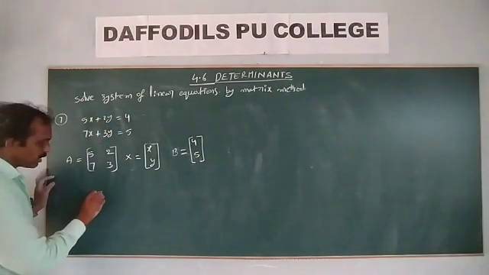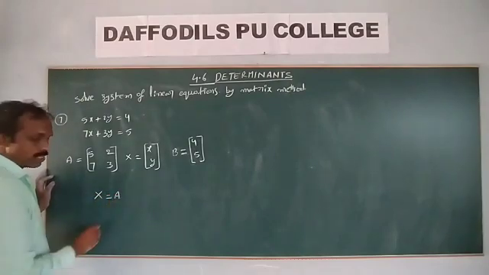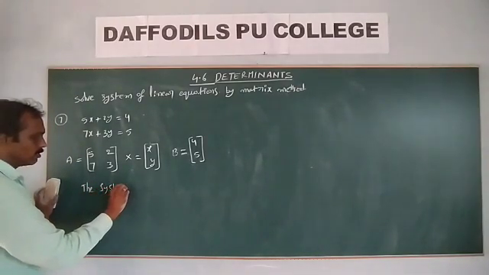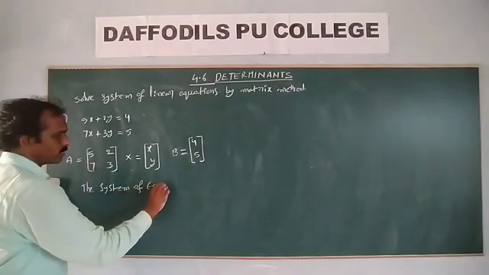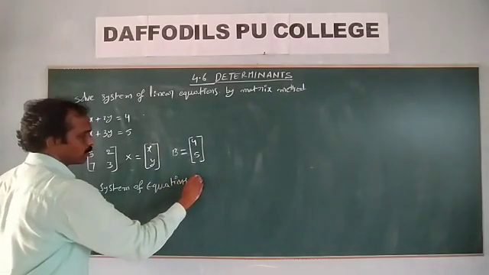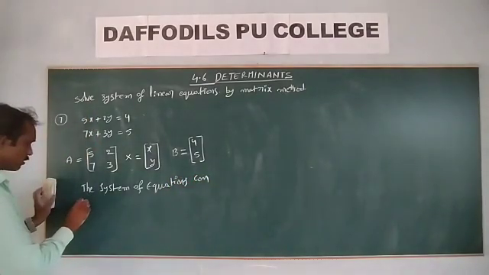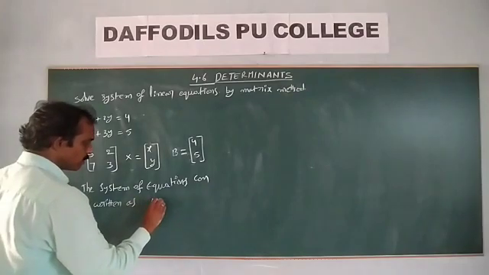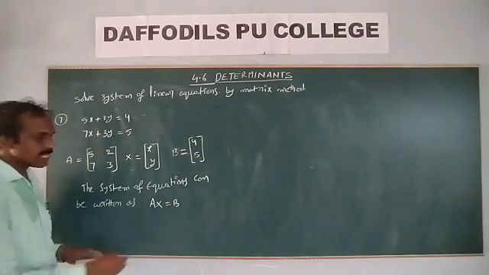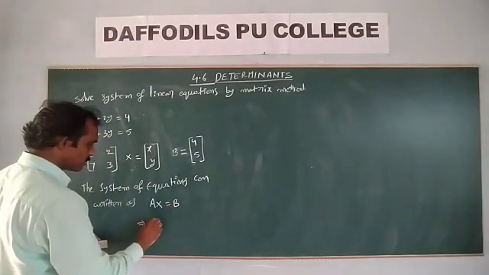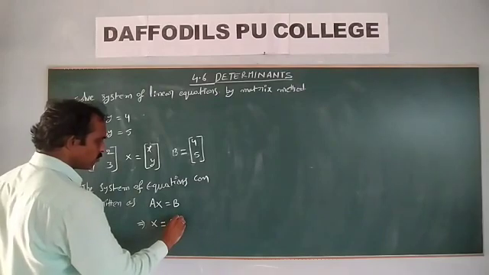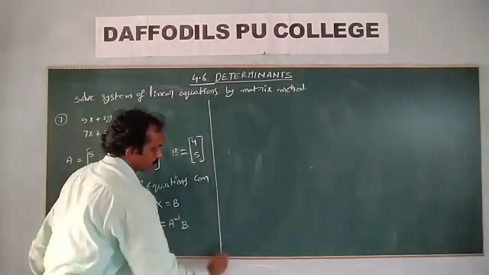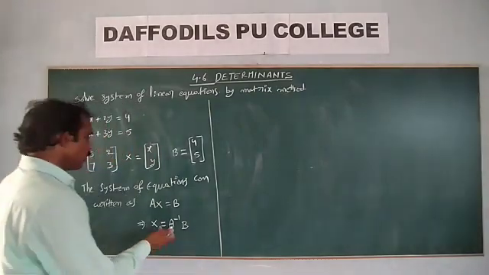What is the matrix method? The system of equations can be written as Ax is equal to B. That implies x is equal to A inverse into B. What is A inverse?